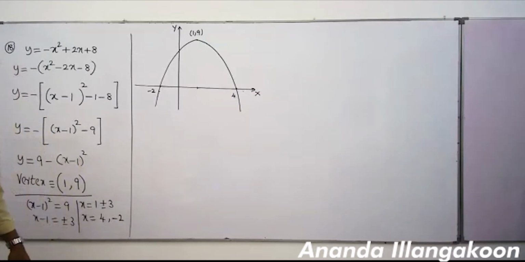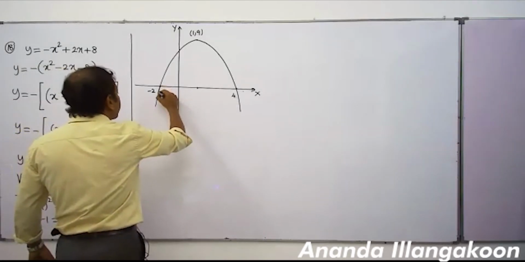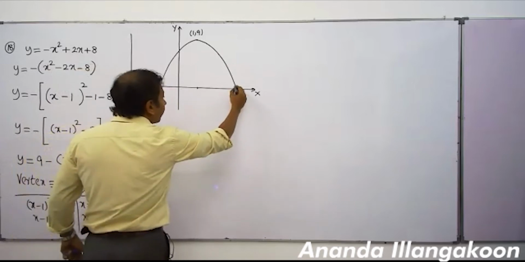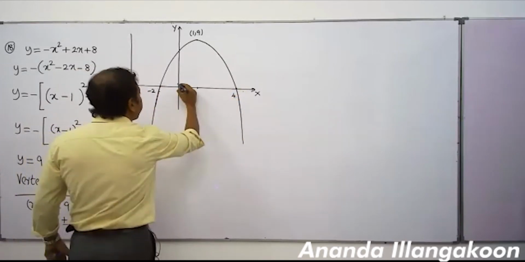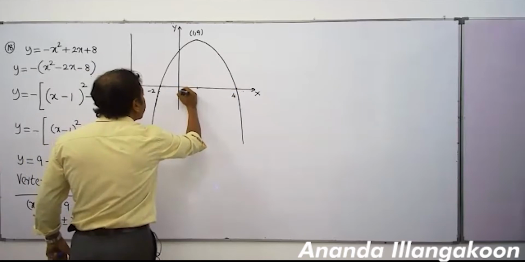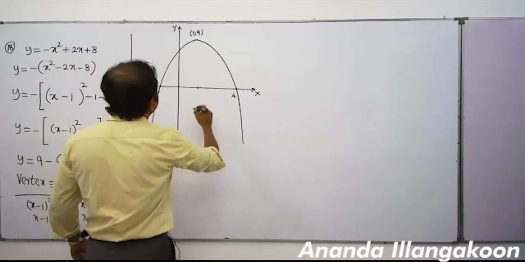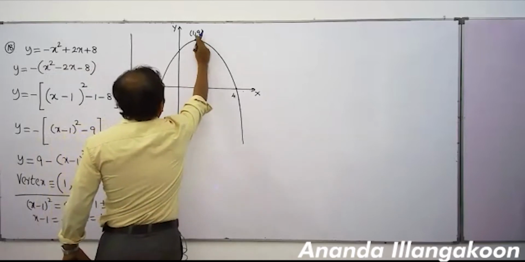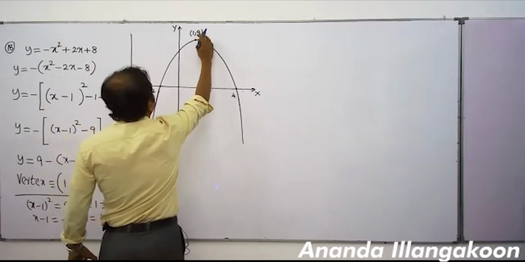On the same diagram, sketch the graph of y equals 3 times mod x plus 2. This point is 1, 9.